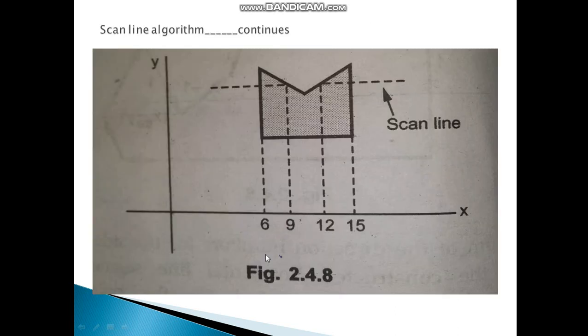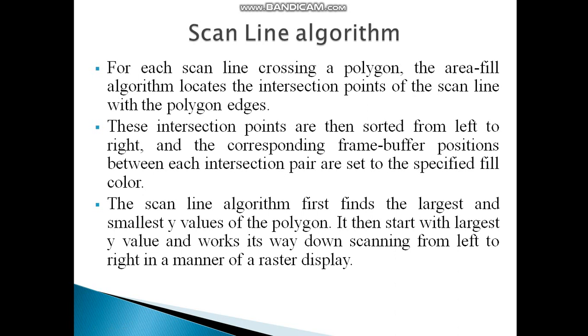Here is one scanline, and we draw several scanlines over this polygon, and these scanlines cover the polygon. After drawing the scanlines, we first find the largest and smallest y values of the polygon.